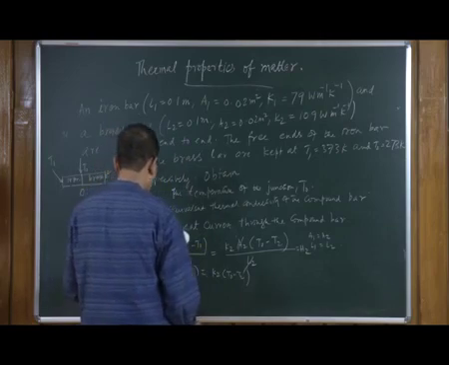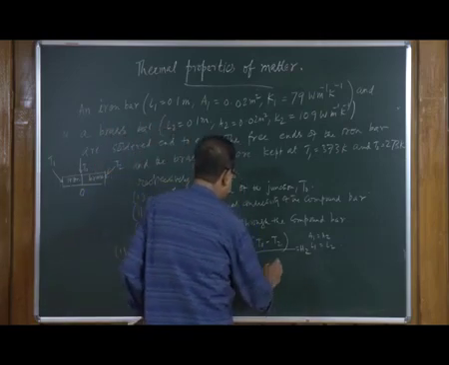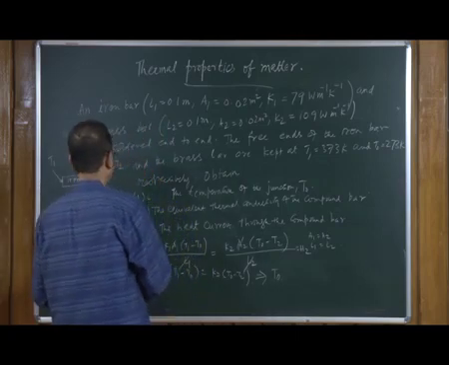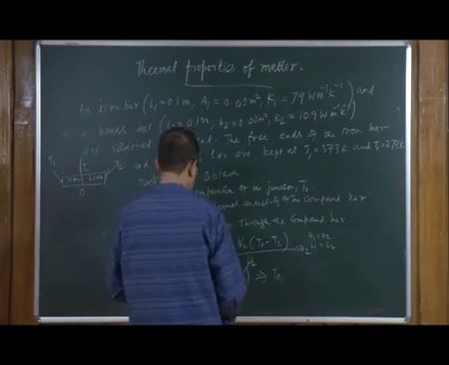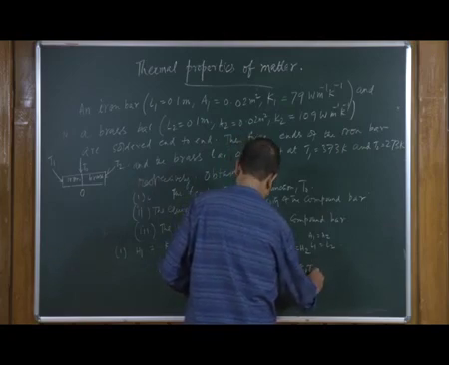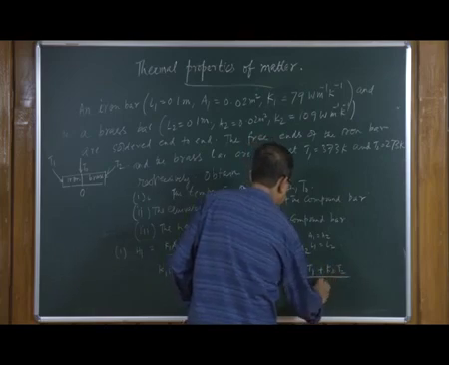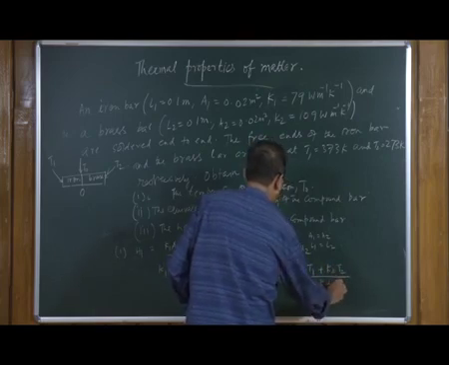One can easily solve this to get T0, which is at the junction. So, T0 equal to (K1 T1 plus K2 T2) divided by (K1 plus K2).